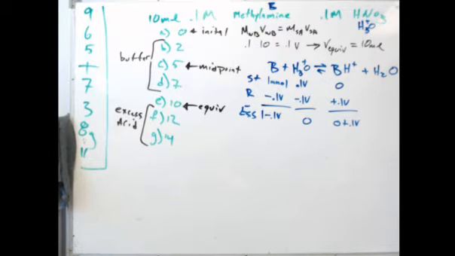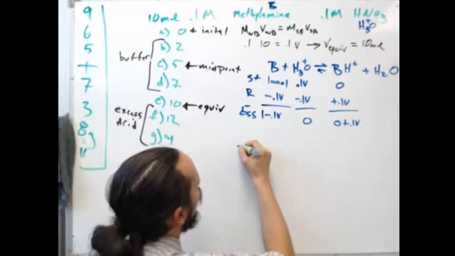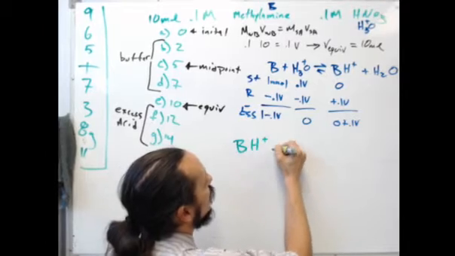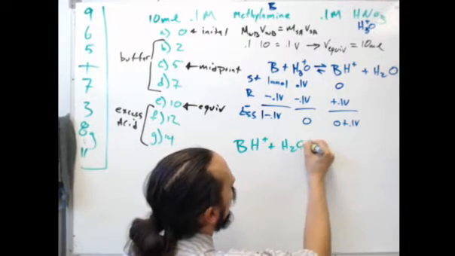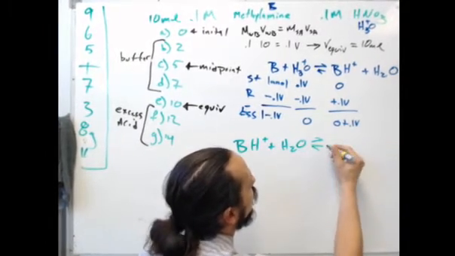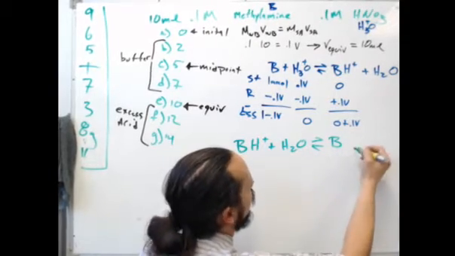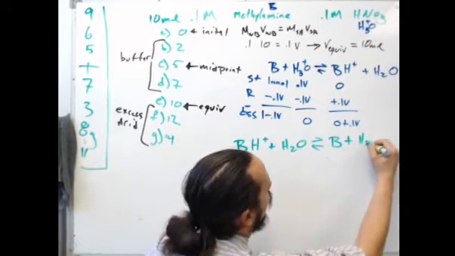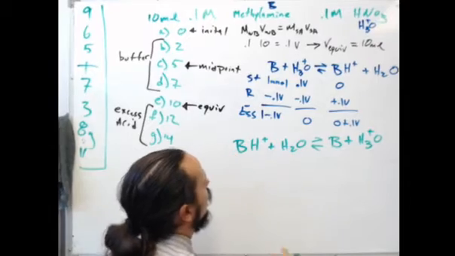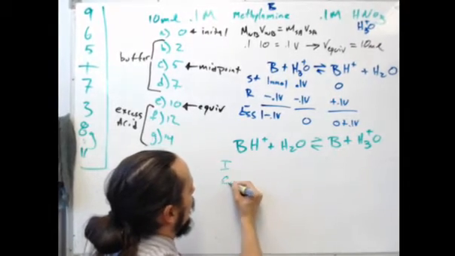Now, the question is asking us to calculate pH, so it's going to be easier to do the equilibrium of the weak acid, the Ka. So I'm going to look at this in terms of BH+ + H2O goes to B + H3O+. Right, and this is going to set up my ICE table.